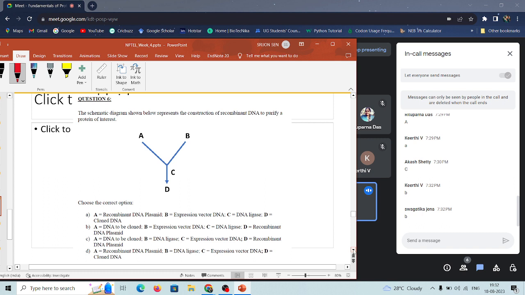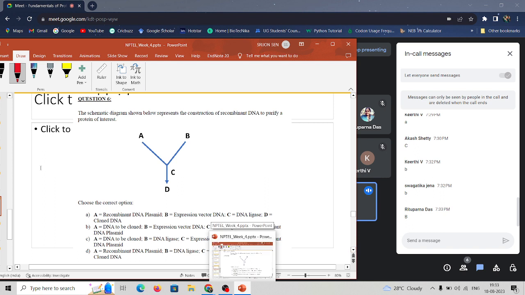Okay. So B says DNA to be cloned. Then expression vector DNA. Then we have the DNA ligase, and after the ligation process, we are getting a recombinant DNA plasmid. Very good. So that is the only correct answer.